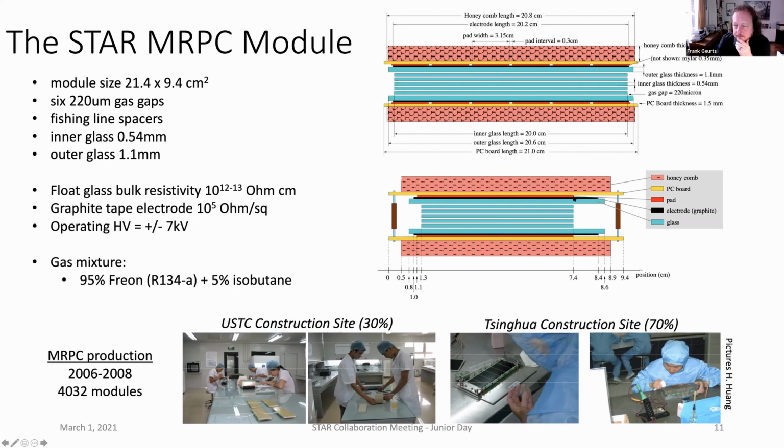Basically your anode and cathode are the outer glass plates, if you want. The pickup pads are in red, so these are the ones where we actually pick up by induction the signal that is then hooked into.